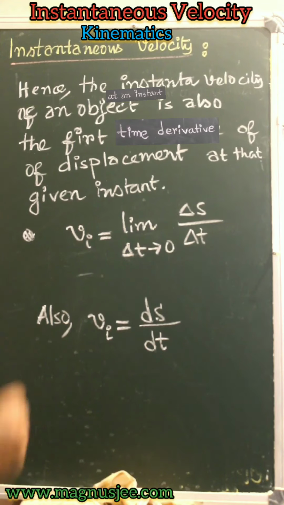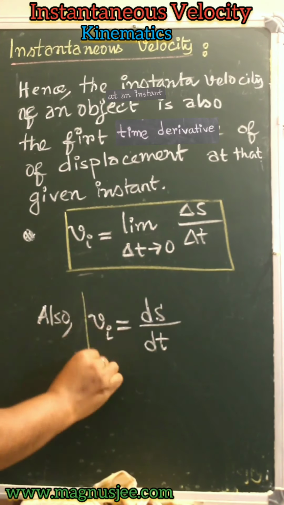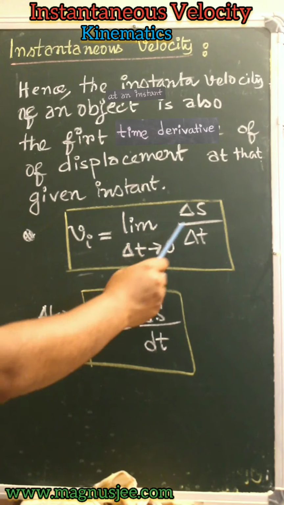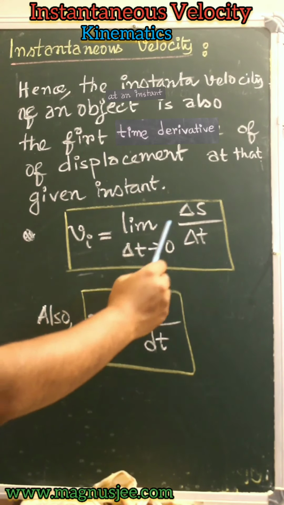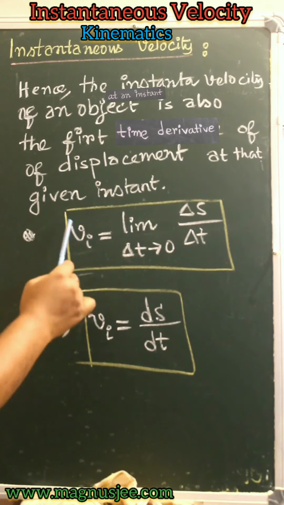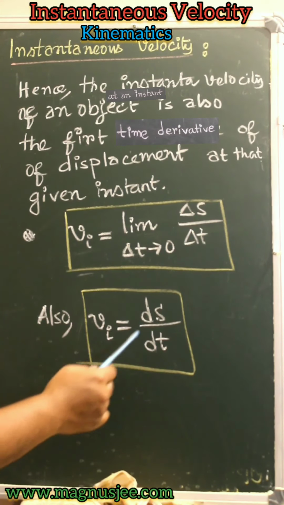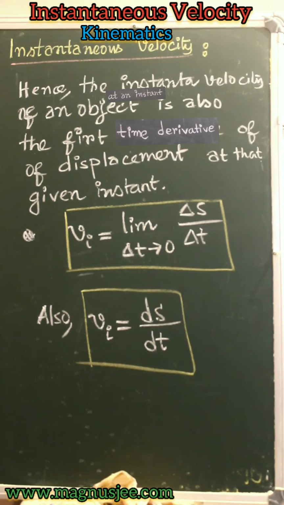So the instantaneous velocity of an object has two expressions: Vi equals the limit as delta t tends to 0 of delta S by delta t, and also Vi equals dS by dt, meaning the first time derivative of displacement with respect to time at that given instant.